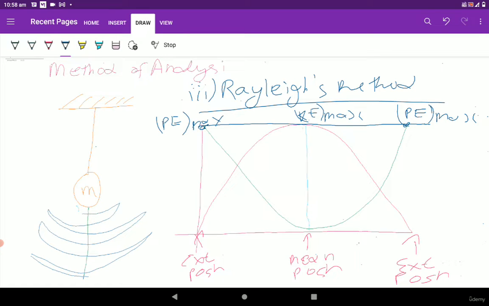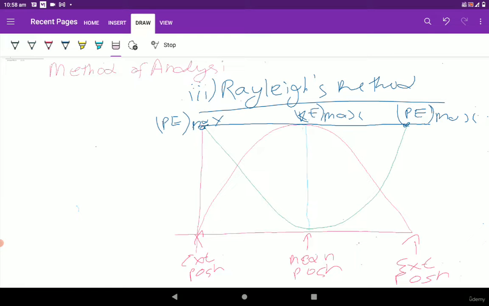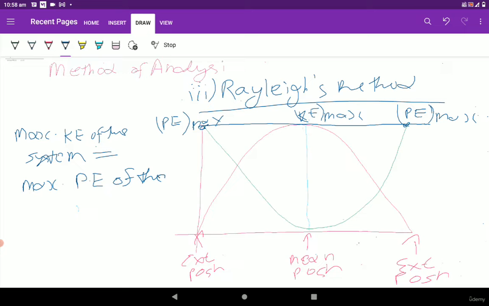From this graph we can easily observe that the maximum kinetic energy of the system is equal to the maximum potential energy of the system.